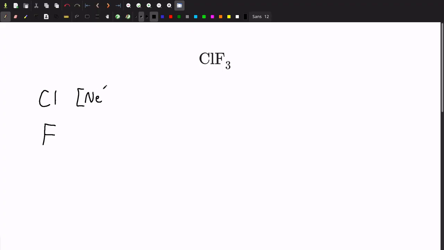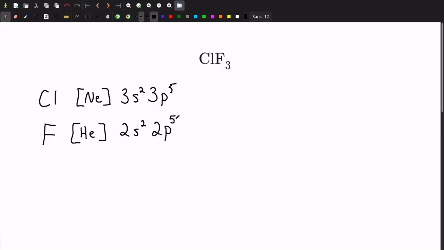Chlorine's going to have a neon core, 3s2, 3p5, and fluorine is going to have a helium core, 2s2, 2p5.